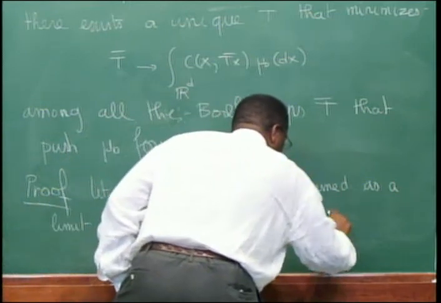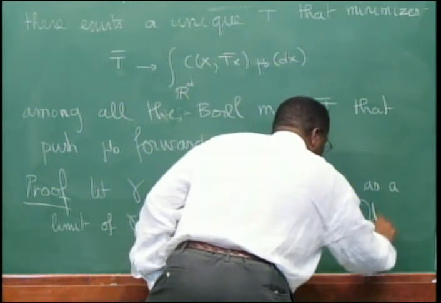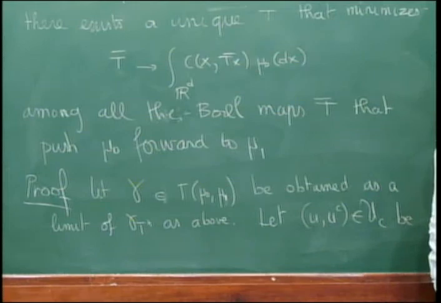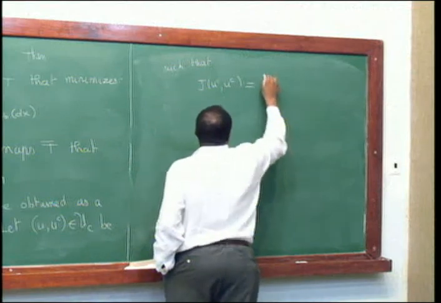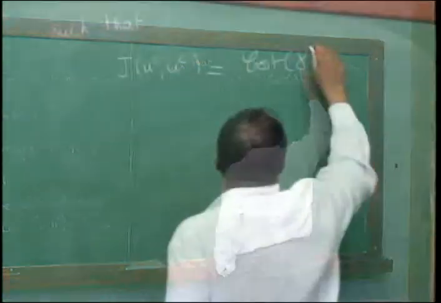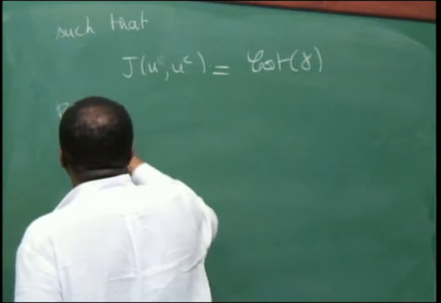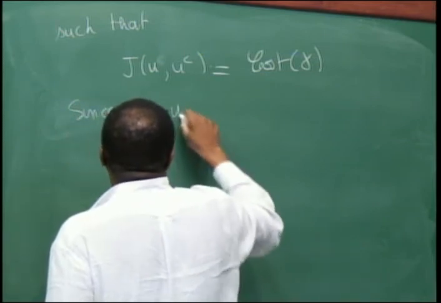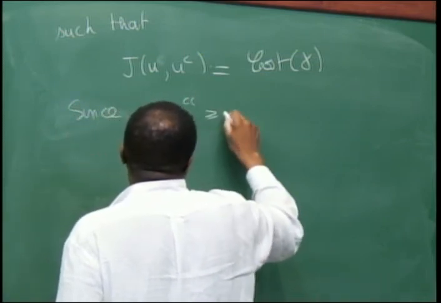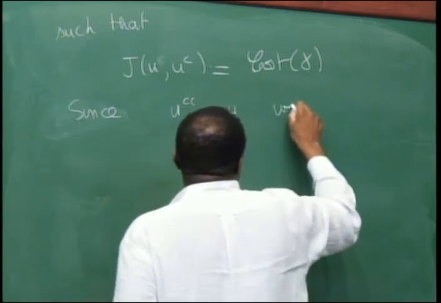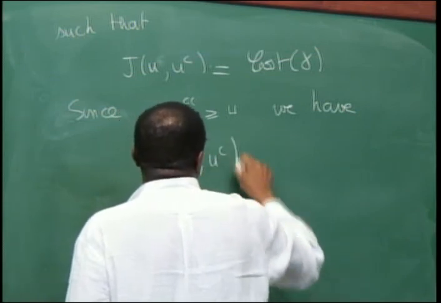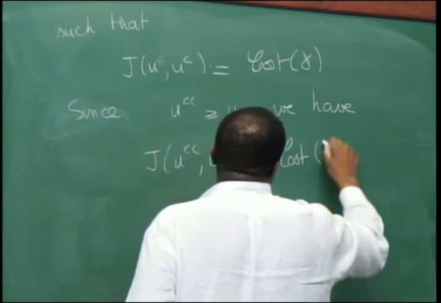Let U in UC be such that J of U, U^c equals the cost of gamma, replacing... since U^cc is greater than U, we have J of U^c, U^cc is the cost.